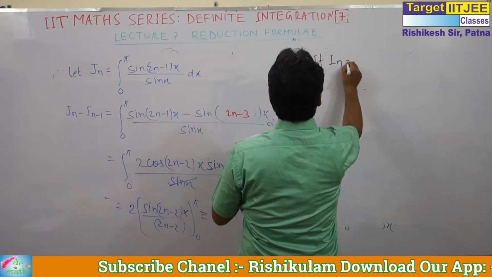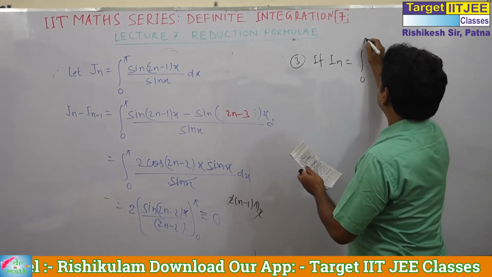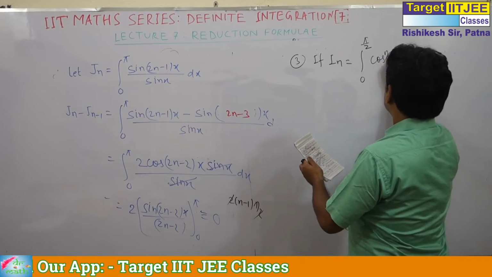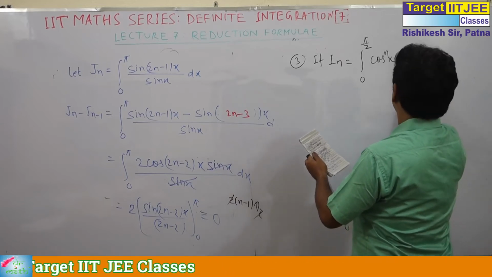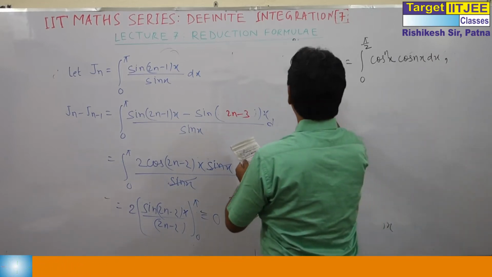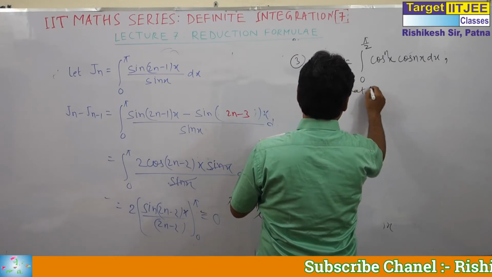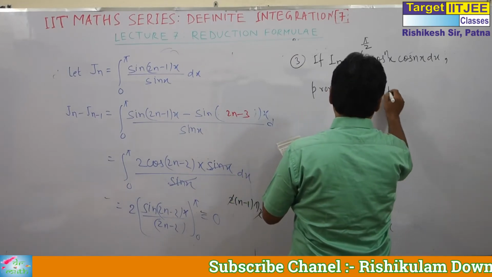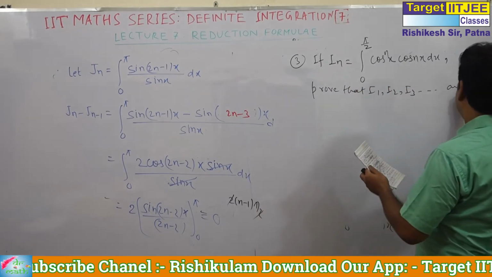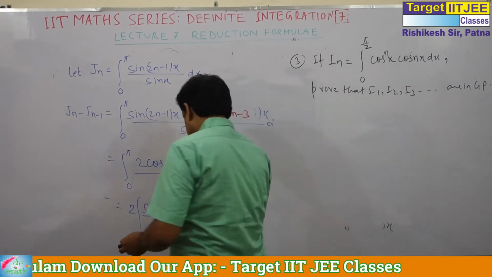If I_n is equal to the integral from 0 to pi by 2 of cos to the power n x into cos nx dx, prove that I1, I2, I3 are in GP. See the solution of this question.